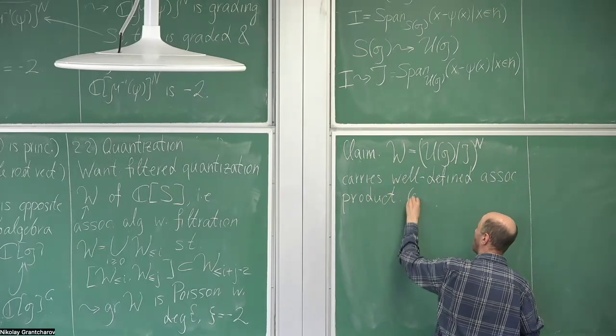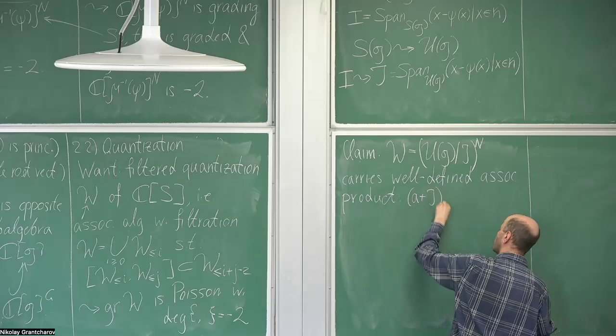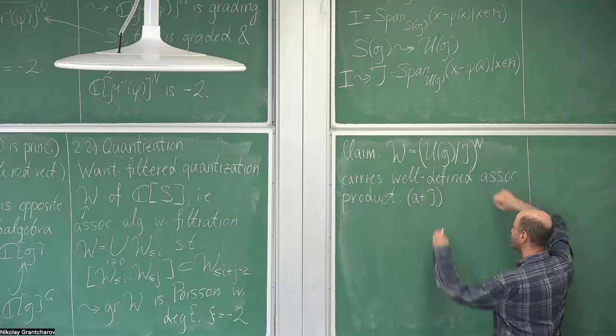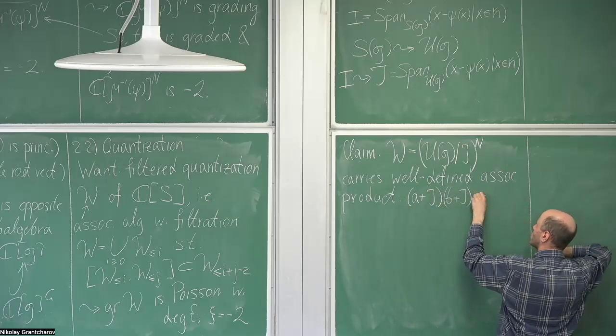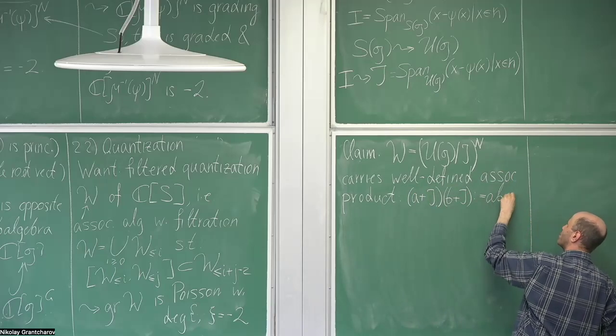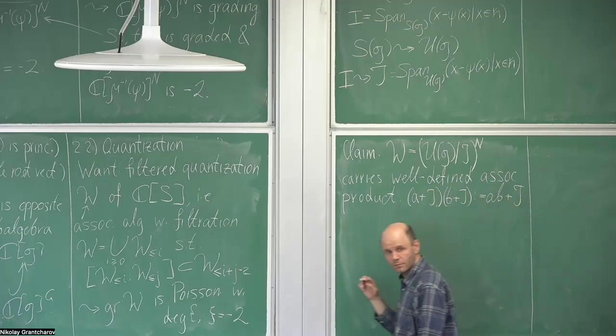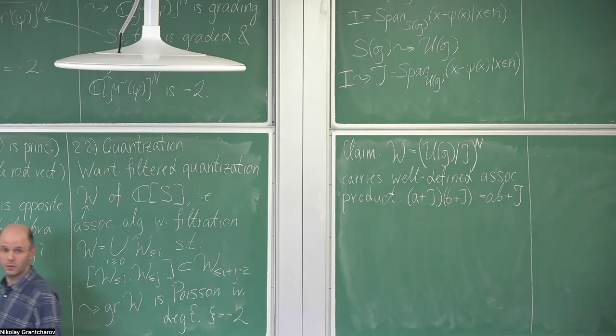I take one coset A plus J, and another coset B plus J. Surprise, surprise, I define this to be AB plus J. And this is a well-defined product.